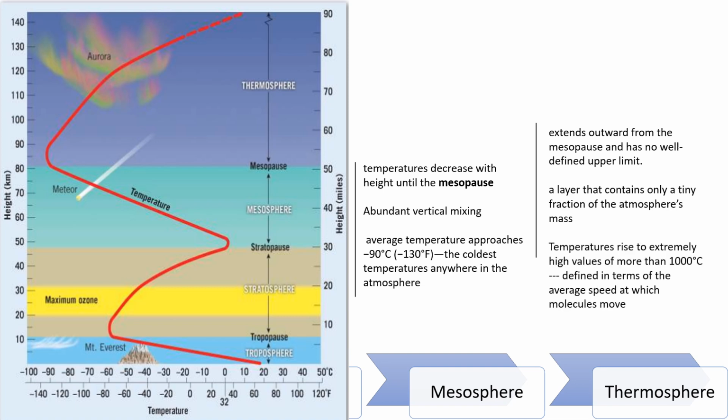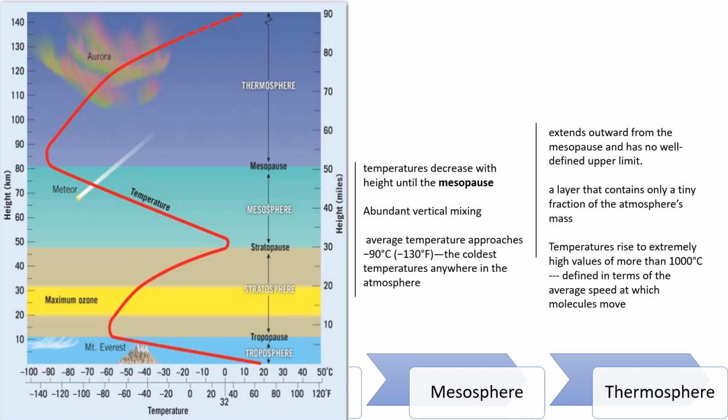And the temperature again rises to extremely high values of more than 1000 degrees Celsius. And this temperature is defined in terms of the average speed at which molecules move.